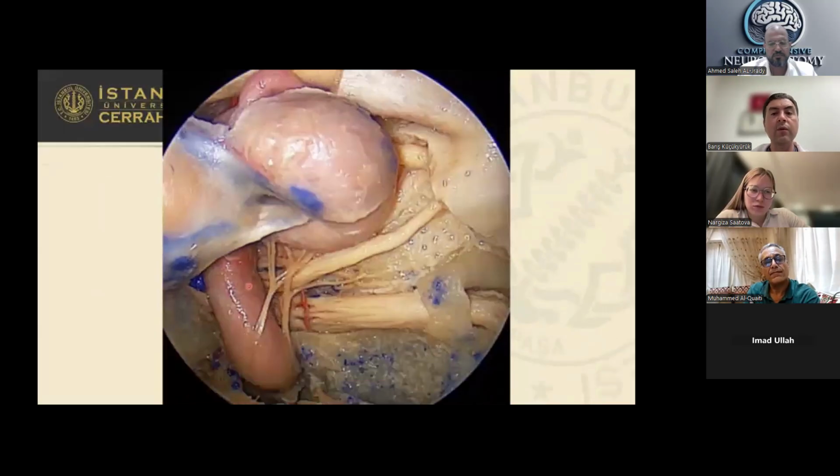The similar view now on the left side. Again, this is the petrous ICA, cavernous ICA. This is the proximal dural ring and distal dural ring. This whitish layer in between them is called the carotid sheath.